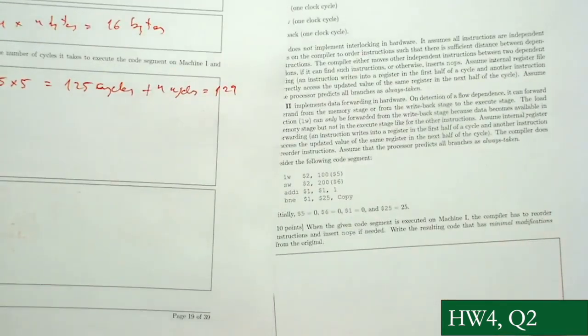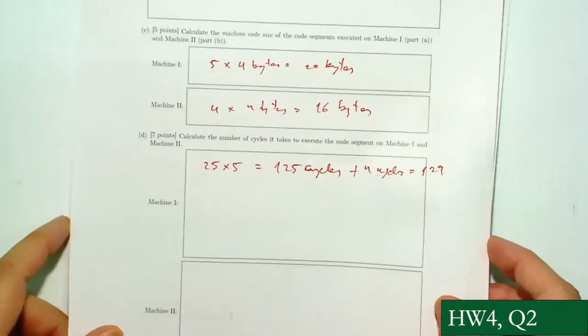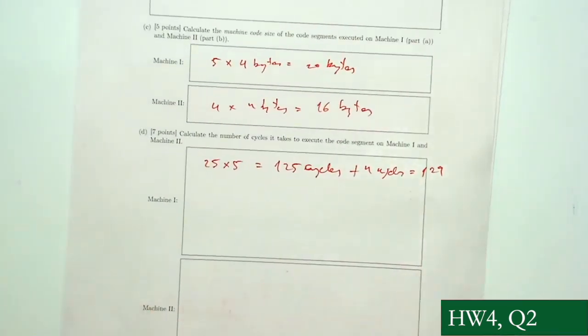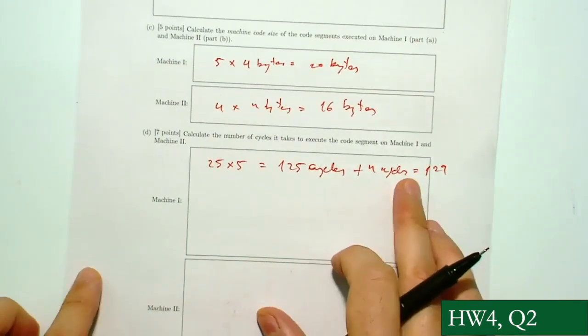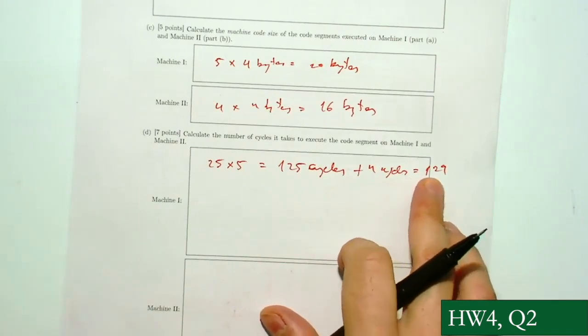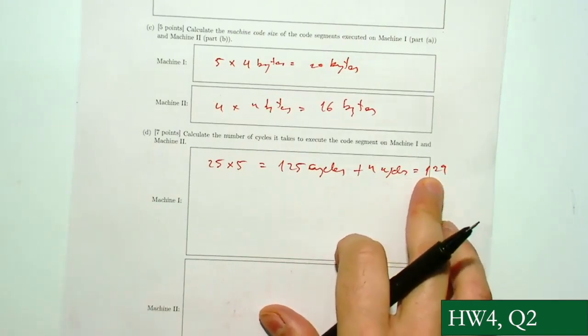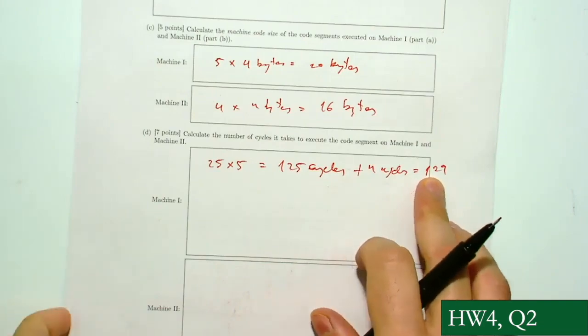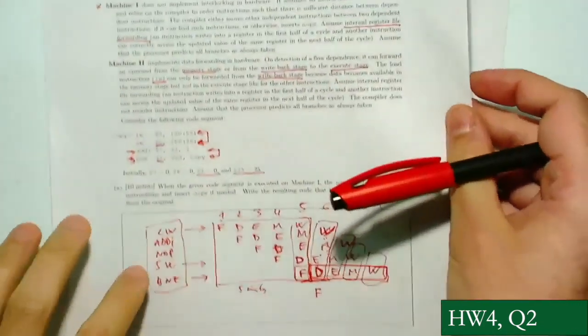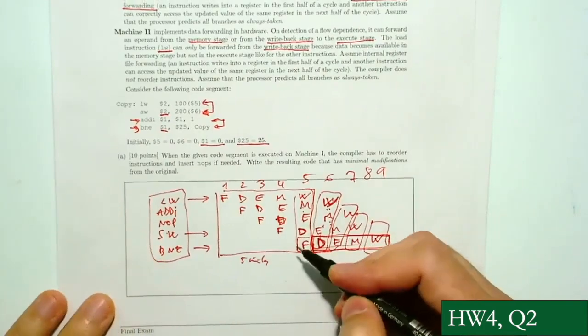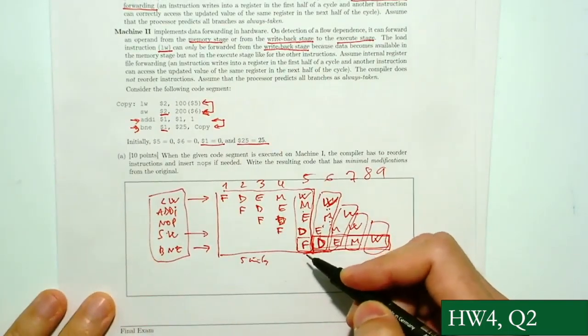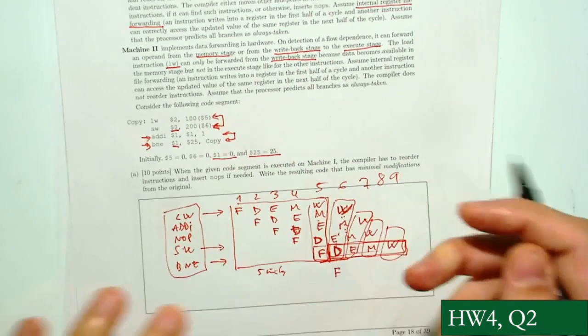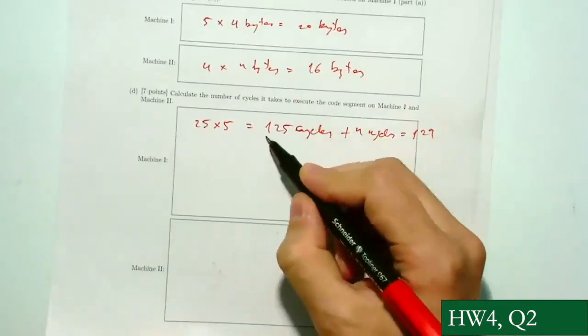Yes. The question I had before was about this exercise with 129. This is computed by, you have 125 cycles, which are cycles executed. So these are instructions, right?